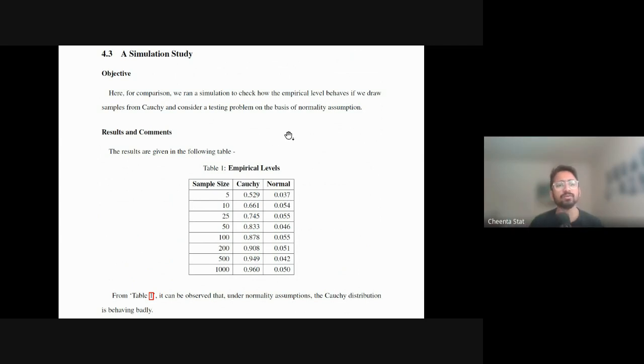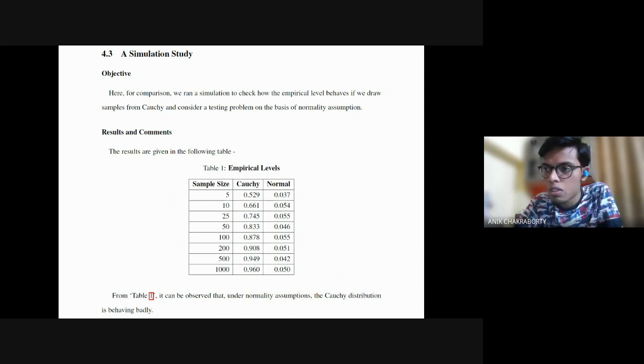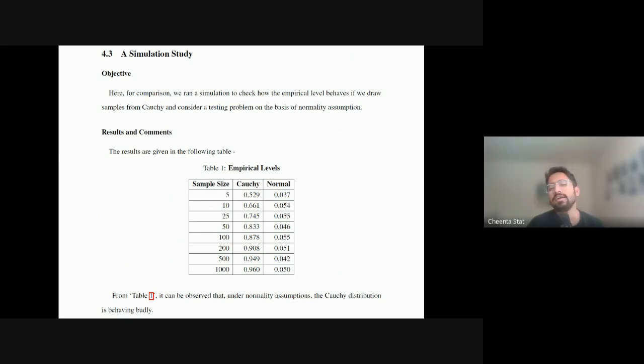I didn't get you. Empirical level means we have a given level of significance, which I took here as 0.05, and from that I calculated how many times the definition of level is the supremum over the parameter space of the probability.